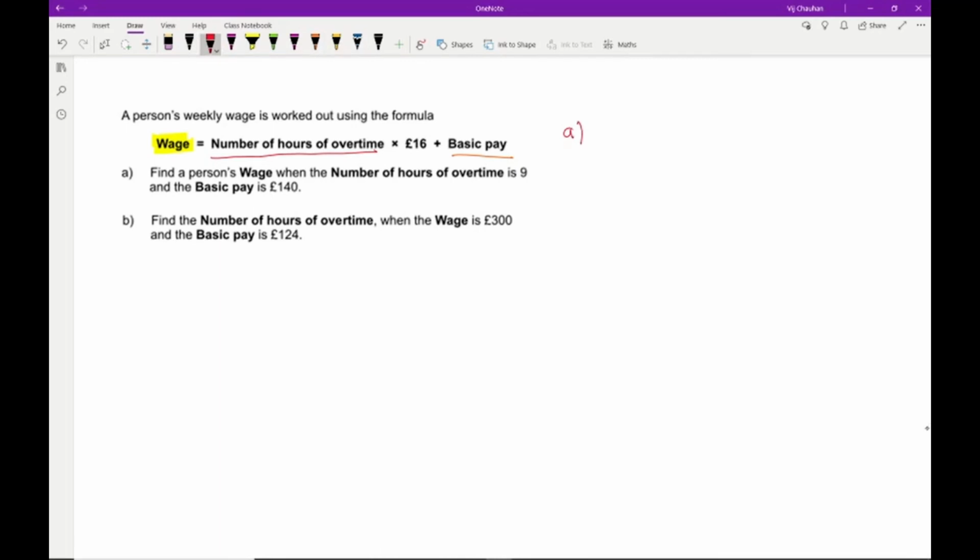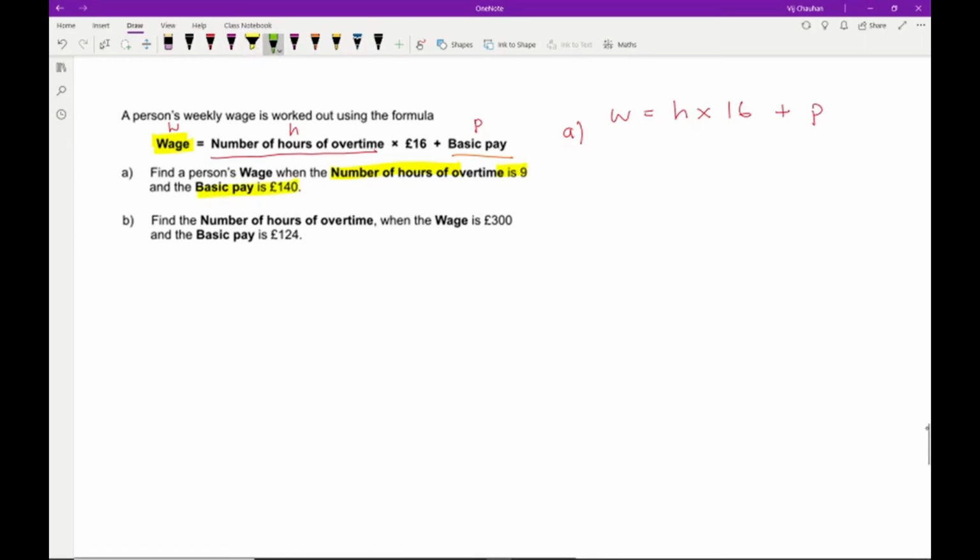So I'll just write letters: W, let's write H, and let's write P. And as long as the letters aren't overlapping and they're not looking like numbers, you're going to be absolutely fine. So here I've got W equals H times 16 plus P. Now all I'm going to do is swap the letters for the numbers given in the information in the question.